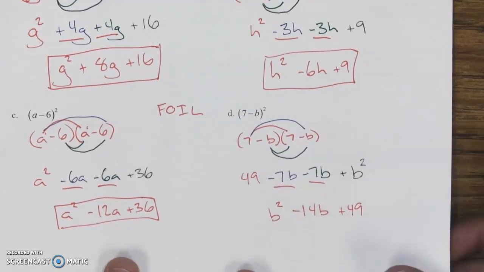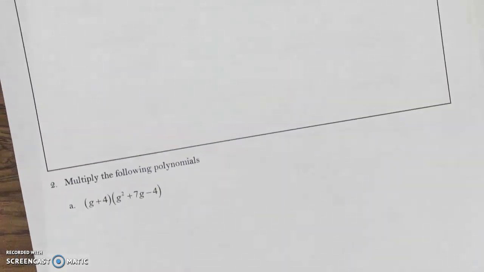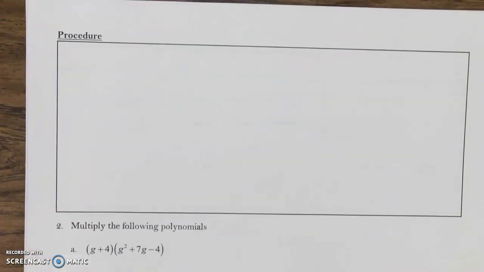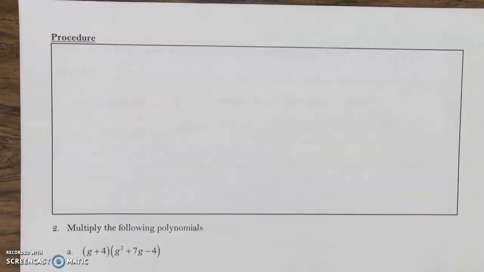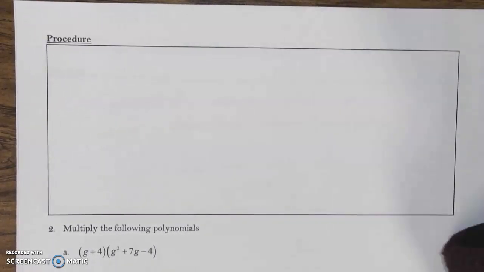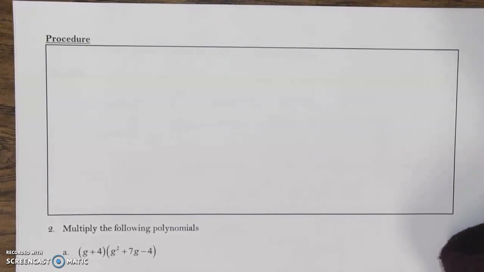Let's explore another special case of multiplying polynomials. So in this, instead of multiplying two binomials or a binomial squared, we're going to multiply binomials by trinomials, or any polynomial with another polynomial.